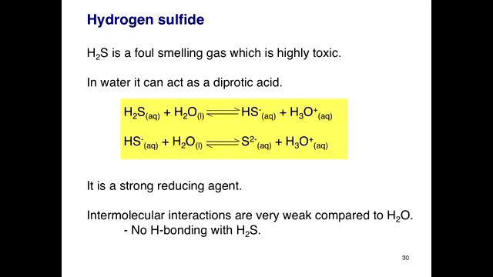The good thing about it is, though, that it's such a foul-smelling gas that in tiny concentrations we are able to detect it. It's worth just thinking about the sorts of things that we can detect by our sense of smell. If you think about it, a lot of the smelly things have one thing in common: lone pairs.